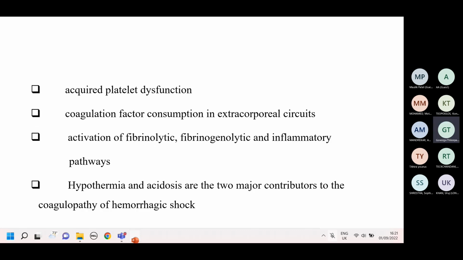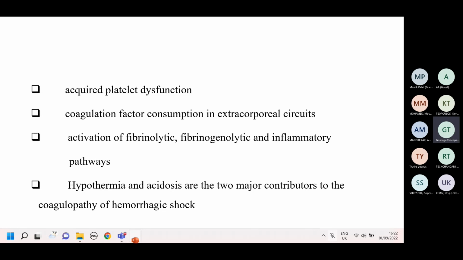Another cause is coagulation factor consumption in the extracorporeal circuit. That means you use bypass machines, for CABG, cardiopulmonary bypass operations. There you get coagulation factor consumption, which leads to coagulopathy, and the patient might bleed.